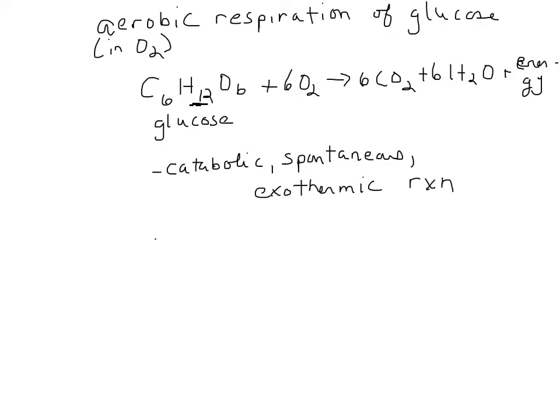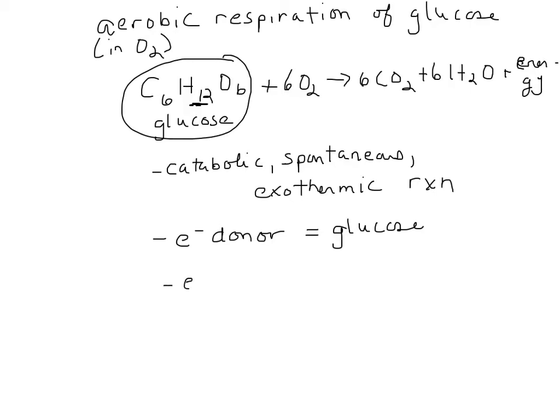And in this reaction, the electron donor, this is a redox reaction, is glucose, okay, up here. And the electron acceptor is oxygen, up here. The electron donor and the electron acceptor are always shown on the left-hand side by tradition in a fully balanced redox reaction.